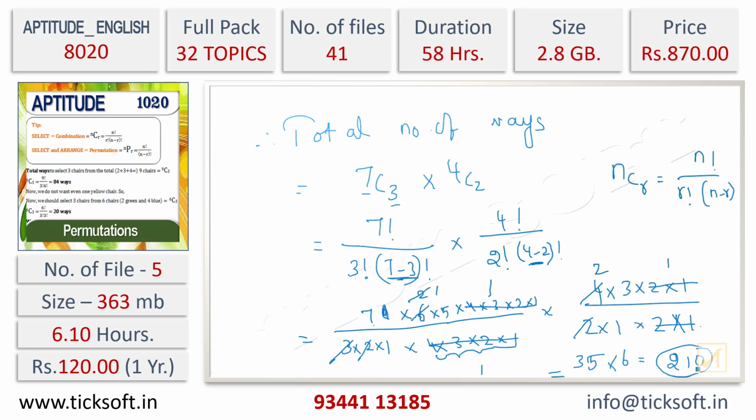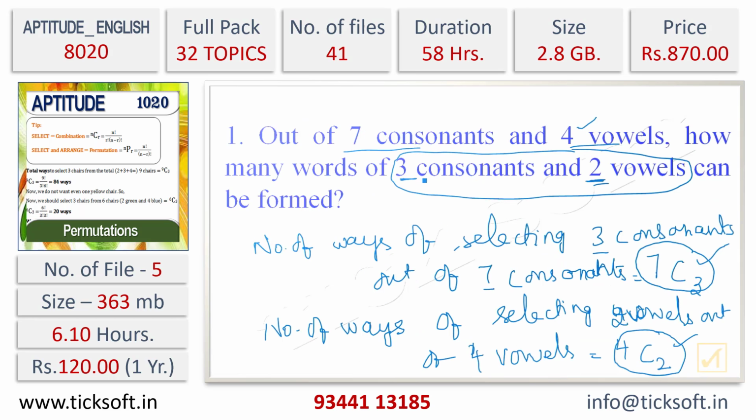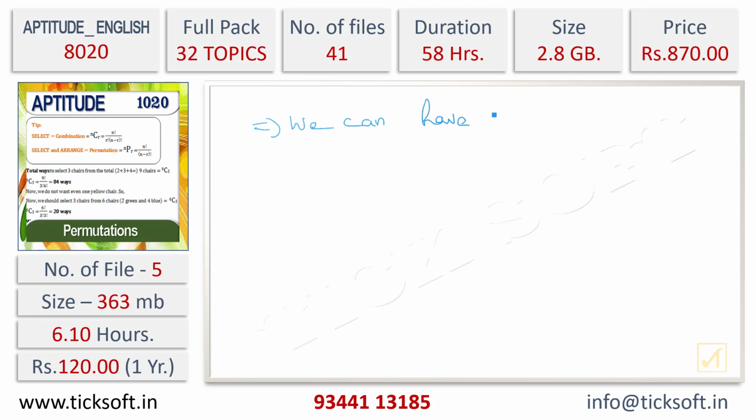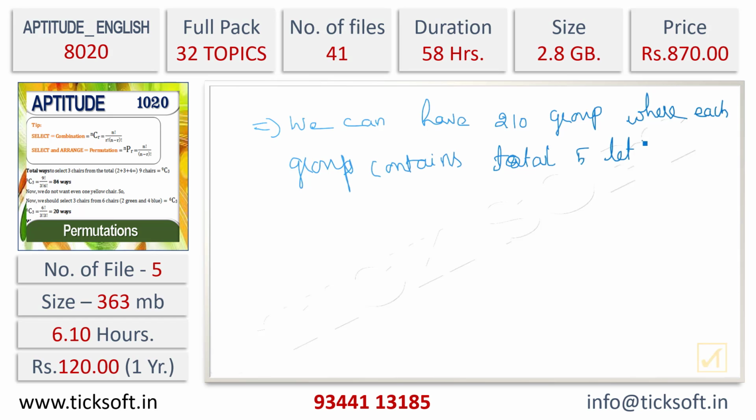Listen, this means we can have 210 groups where each group contains a total of 5 letters. That is, we have to form words in which we have only 3 consonants and 2 vowels. So we have 210 groups where each group contains 5 letters, 3 consonants and 2 vowels.